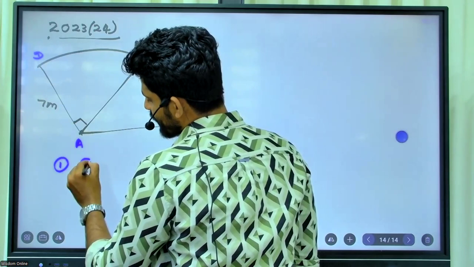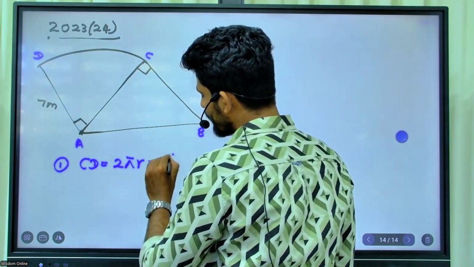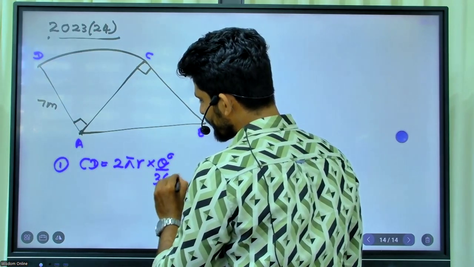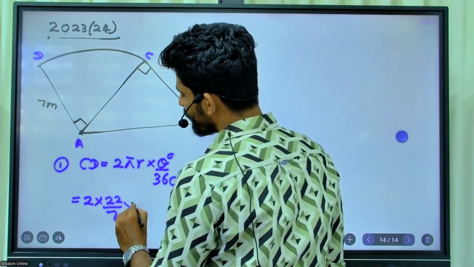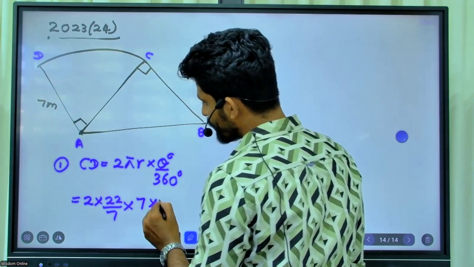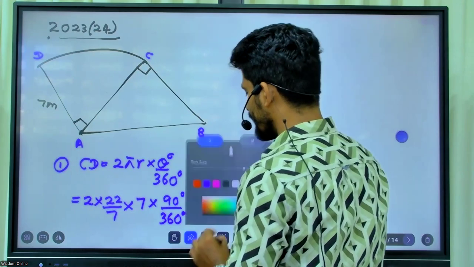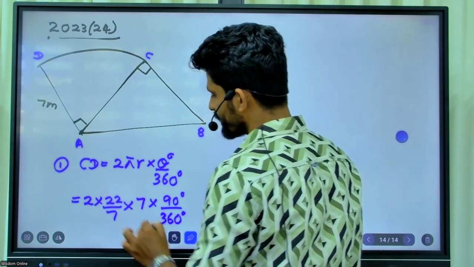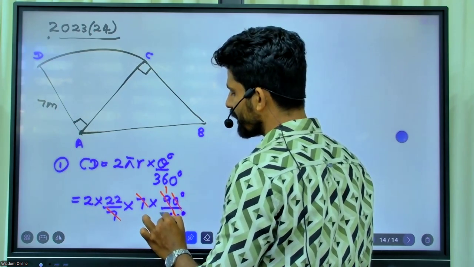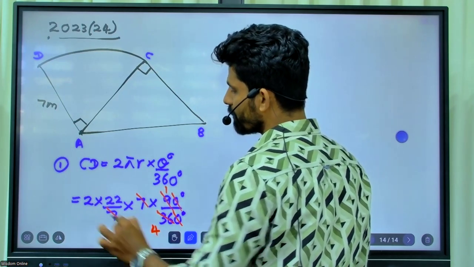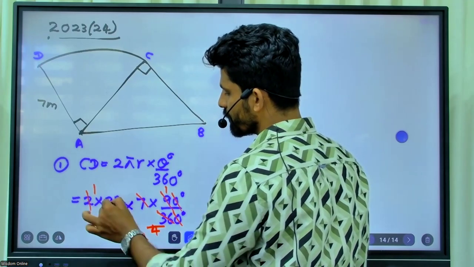CD length equals 2 pi r into theta over 360. 2 multiplied by 22 over 7 multiplied by r into 90 over 360. 7 cancels out, 0 cancels out. 9 divided by 9 is 1, 36 divided by 9 is 4, 2 divided by 2 is 1, 4 divided by 2 is 2, 2 divided by 2 is 1.